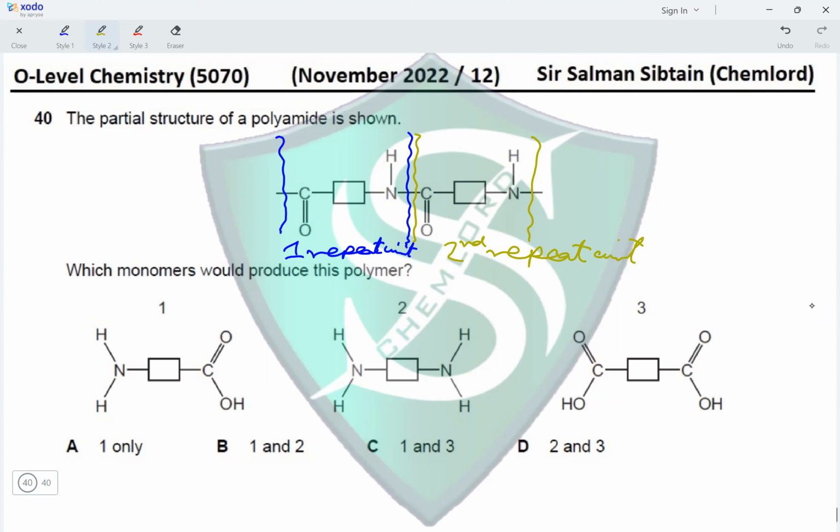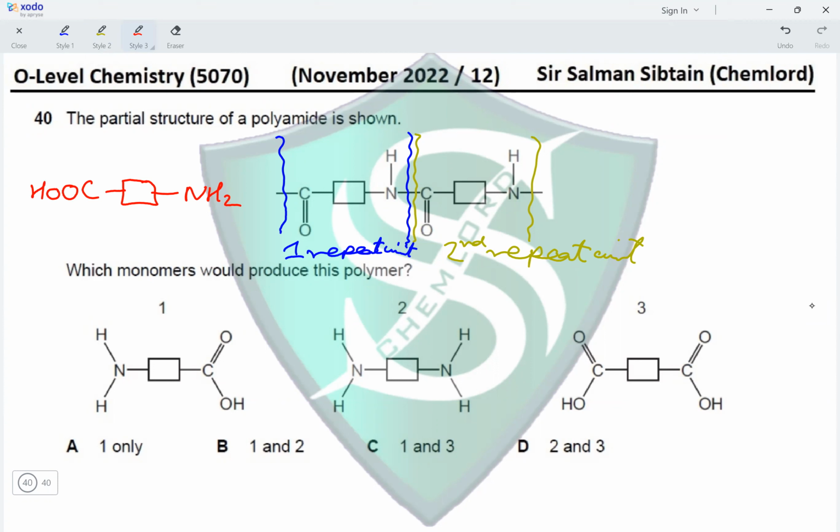So now we can clearly confirm that our monomer would have a box with an NH2 group on one side and a C double bond O, OH group on the other side.